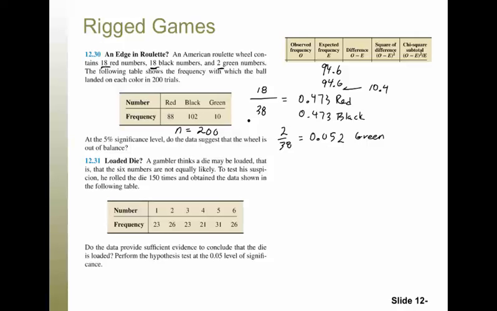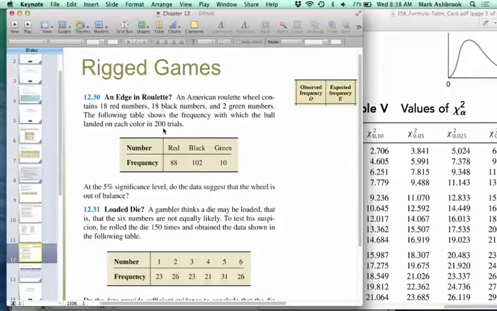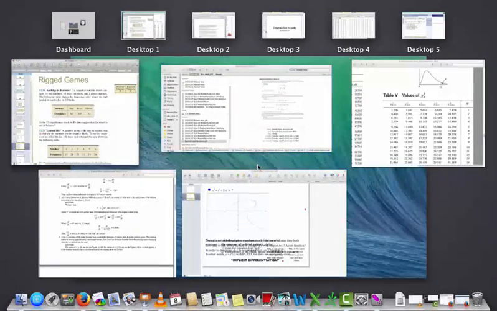So let's use StatCrunch and do this. This would be an easy one to do by hand because there's only 3 outcomes, 2 degrees of freedom. But let's practice using StatCrunch. I hope you guys wrote that down. Where's StatCrunch?